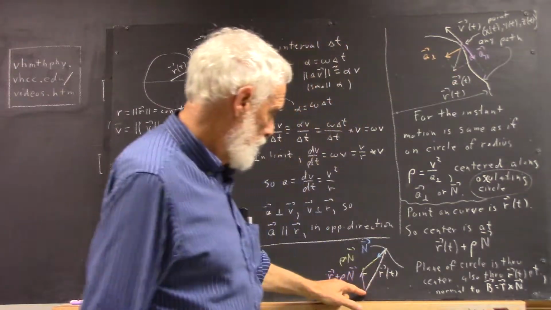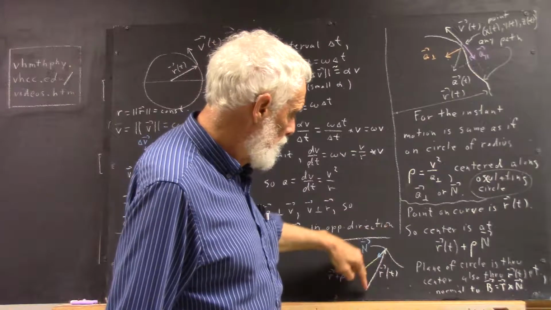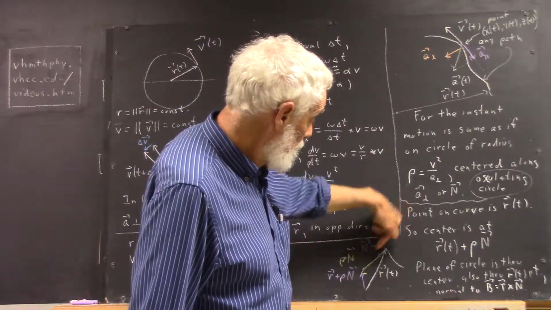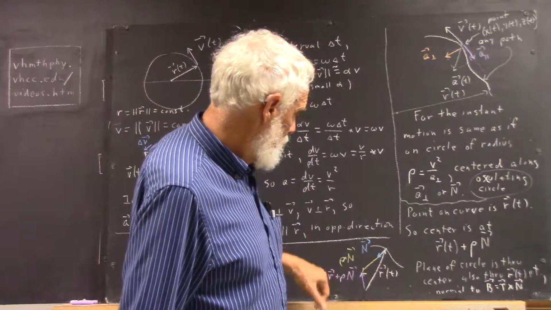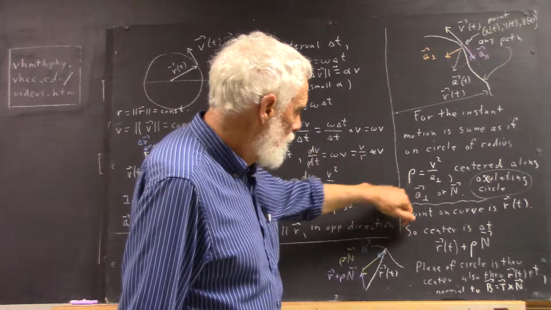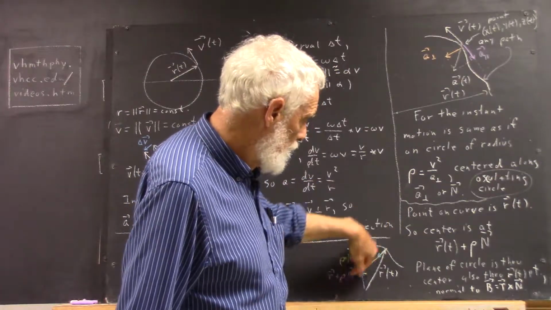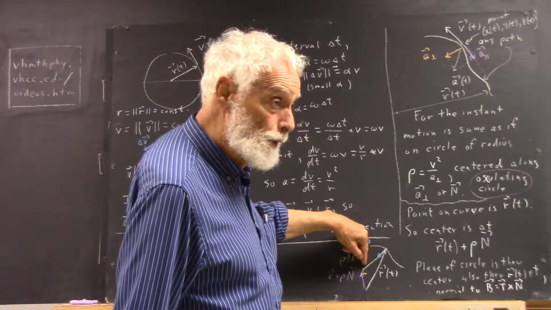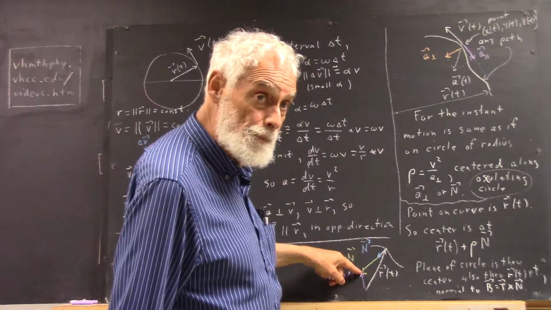So here's your curve, here's your point, here's your r of t vector. Here's your unit normal vector, and you move along the line of that unit normal vector through this point a distance equal to the radius of the circle, and there's your center.